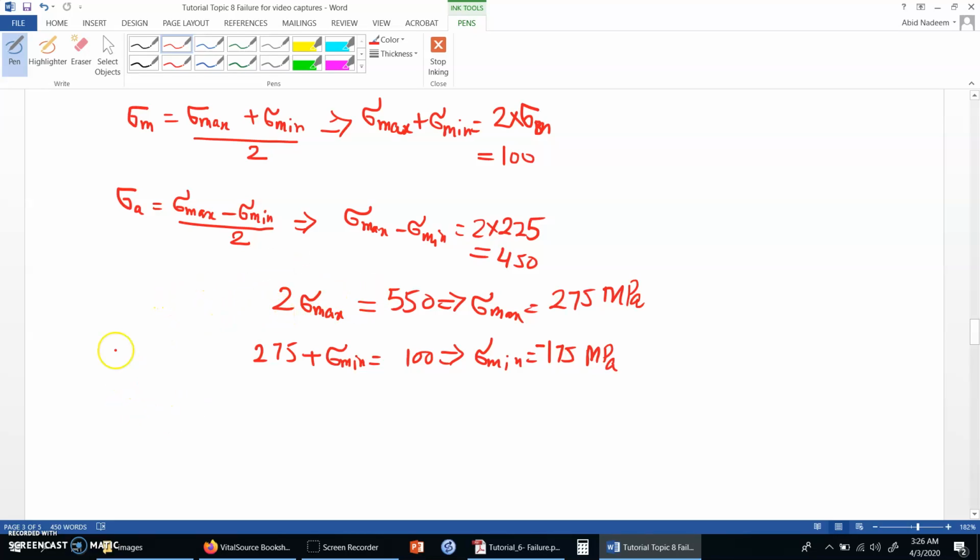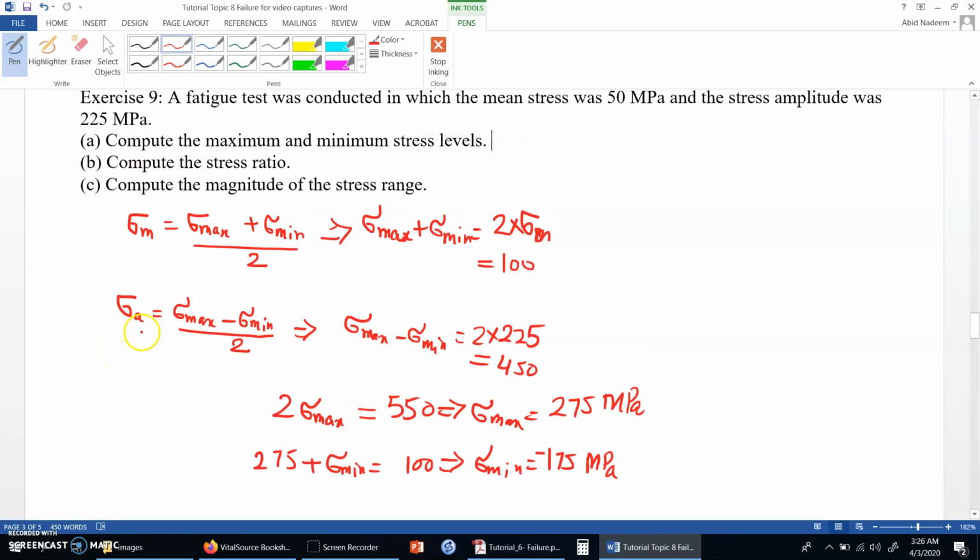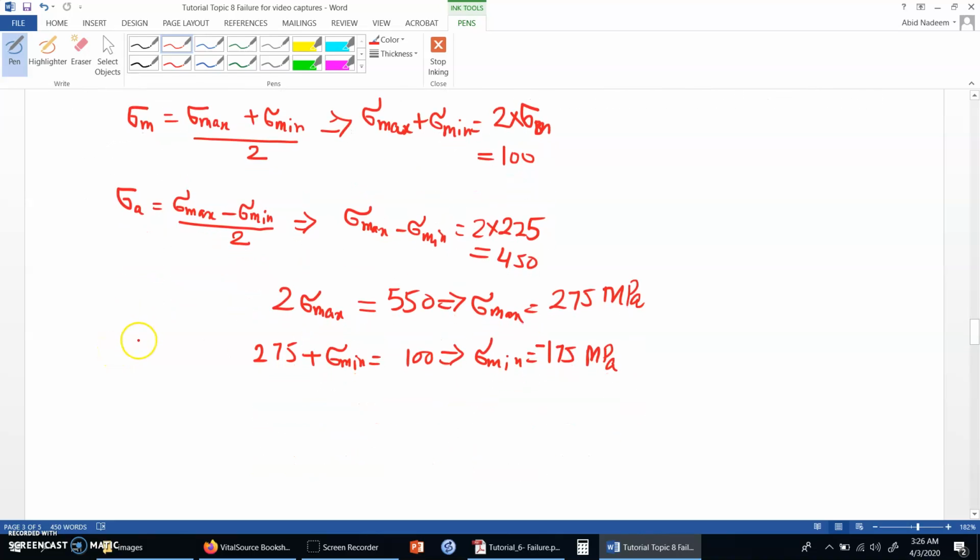Answer. So for part B, which is asking to compute the stress ratio. So the stress ratio is R equals sigma min divided by sigma max. So stress ratio will be minus 175 divided by 275.